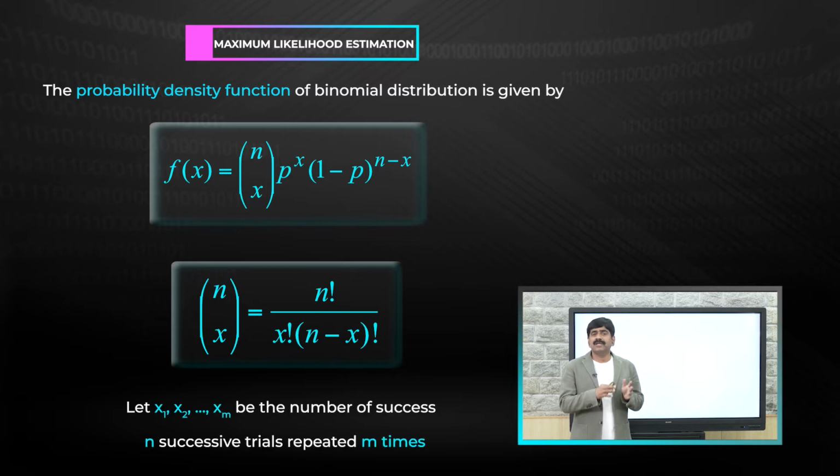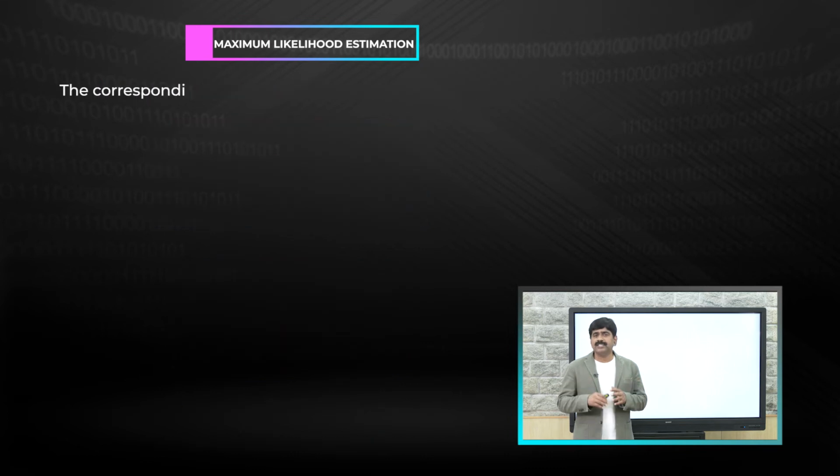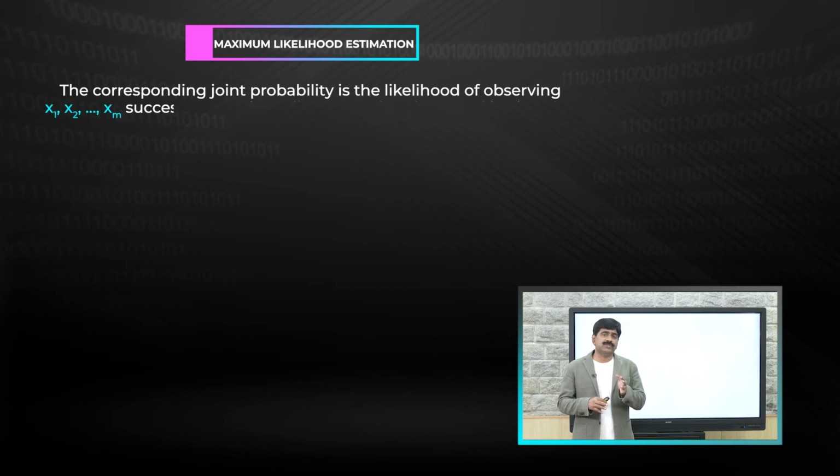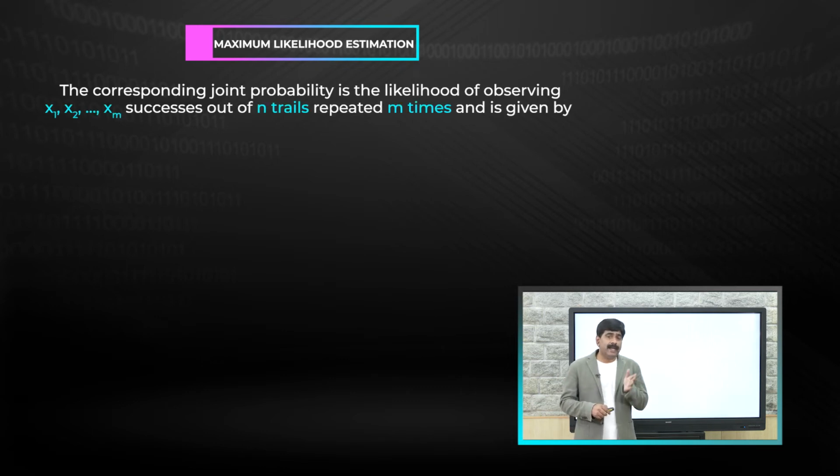Let us assume x1, x2 up to xm be the number of successes obtained out of n successive trials repeated m times. The corresponding joint probability is the likelihood of observing x1, x2 up to xm successes out of n trials repeated m times.